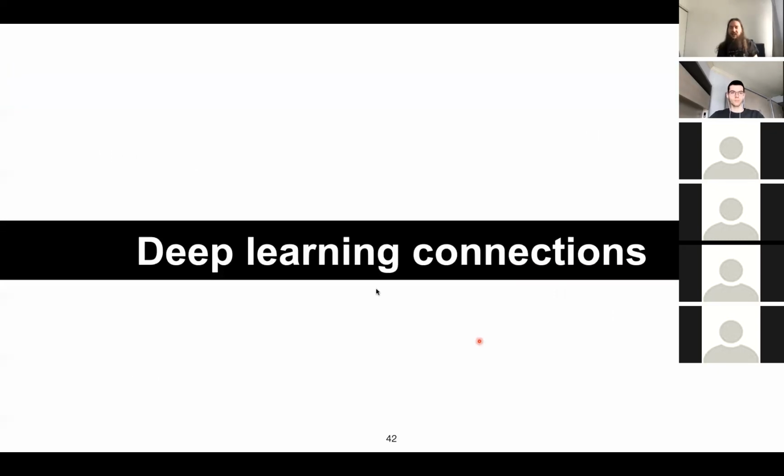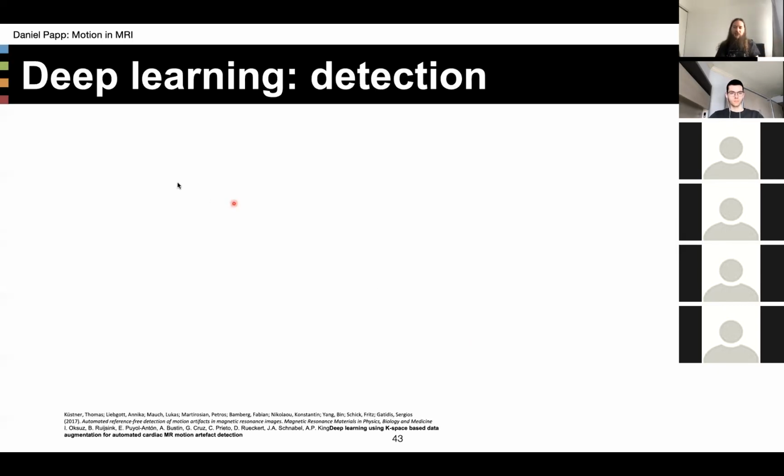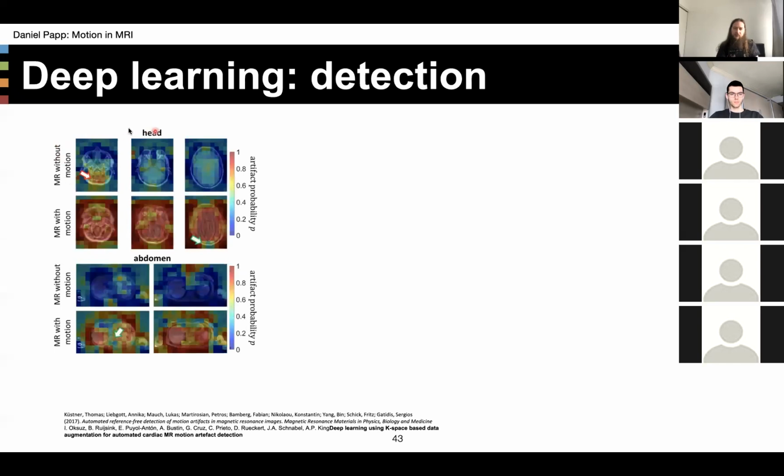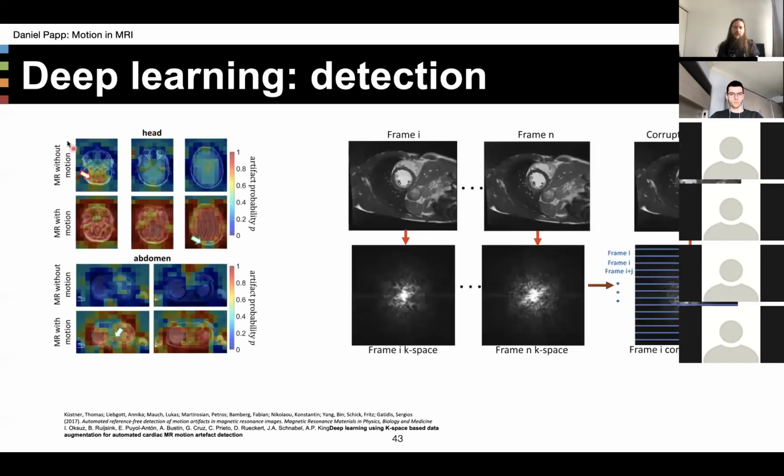Okay, connections to deep learning. This is completely outside of my field of expertise. I just took one of the most recent deep learning motion correction publications and looked at their reference list. It has been used to detect motion. So this is showing which patches are most likely to have motion based on a deep learning algorithm.